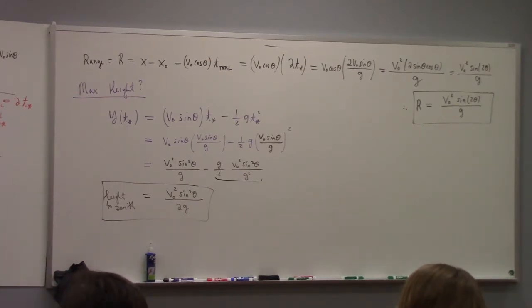Anyway, I'm not telling you anything terribly exciting here. These are ideal formulas for ideal cases. Now, a lot of times I'll ask you a more interesting question in class or on a test. We might have a question like a basketball player on the court who has a certain height, and he shoots the ball given a certain initial speed and a certain angle. Can he make it into the net?